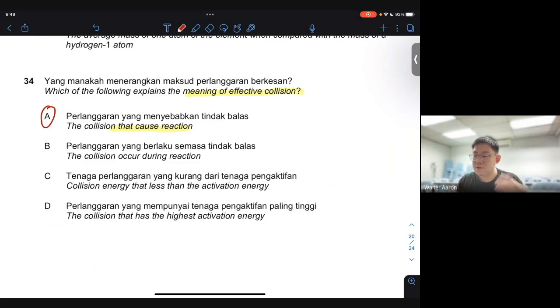You know that it is based on a lot of factors, but at the end of the day, effective collisions basically means that it will cause the reaction, the collision to move forward to produce products. Therefore, A is the best answer to describe the situation, the collision that causes a reaction.